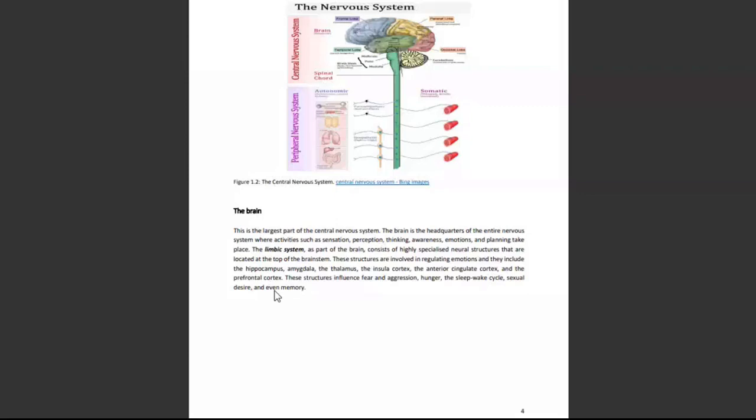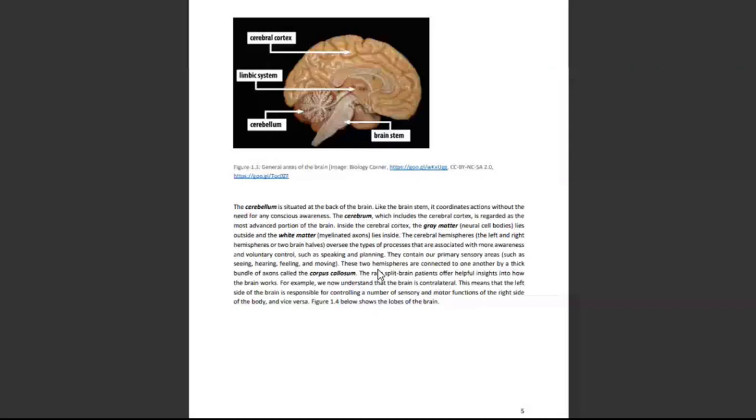Let's move on to check how they break them down. This one is much clearer. We have the cerebral cortex, the largest part of the brain, with the limbic system below. Cerebellum, some call it the small brain. Then we have the brainstem, located where?